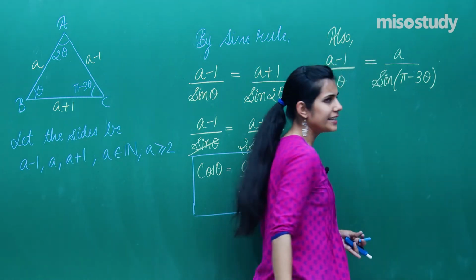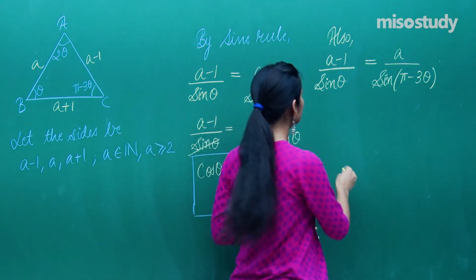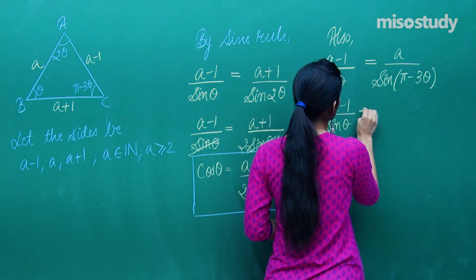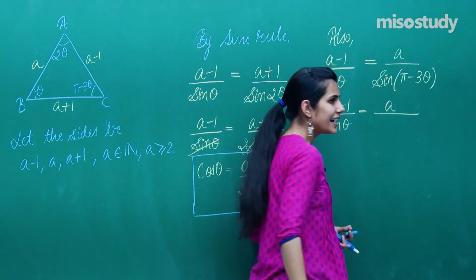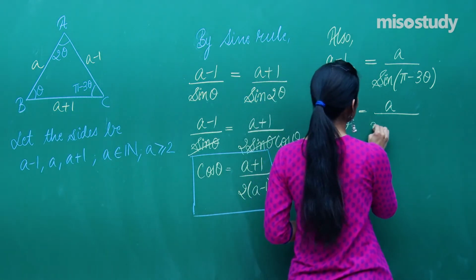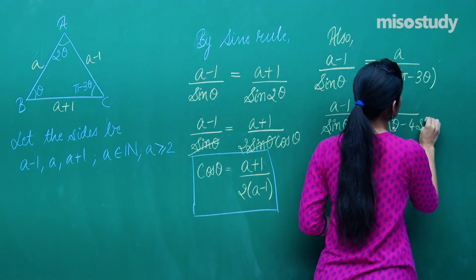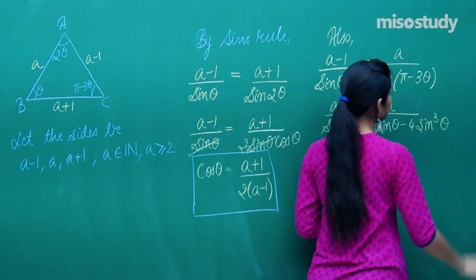But sine of 180 minus 3 theta is the same as sine 3 theta. So this will be a minus 1 upon sine theta is equal to a upon sine of 3 theta, which is 3 sine theta minus 4 sine cube theta.